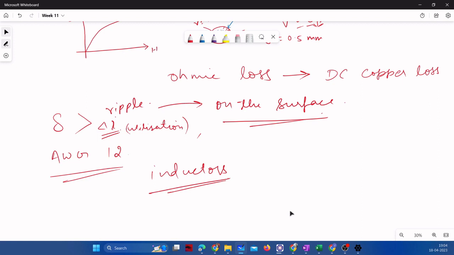I haven't searched because mostly we design in certain software, but let me write this point: AC losses and skin depth.